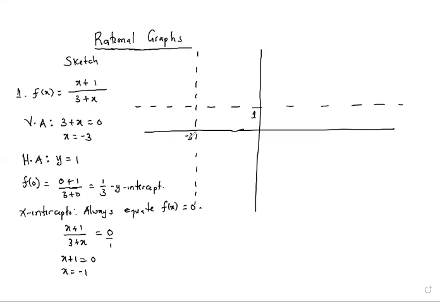So on the right, that's where we have the intercepts. We have the y-intercept at 1 over 3 here, and the x-intercept at minus 1. So the graph here is going to come like that, crossing at minus 1.